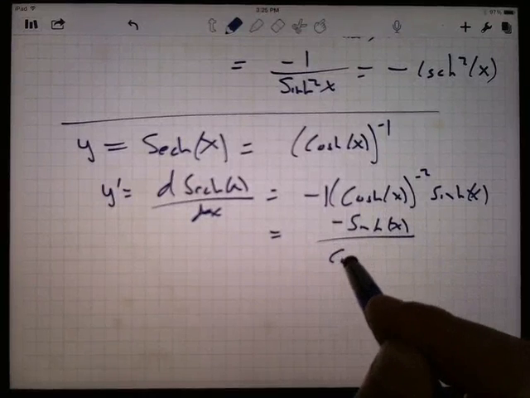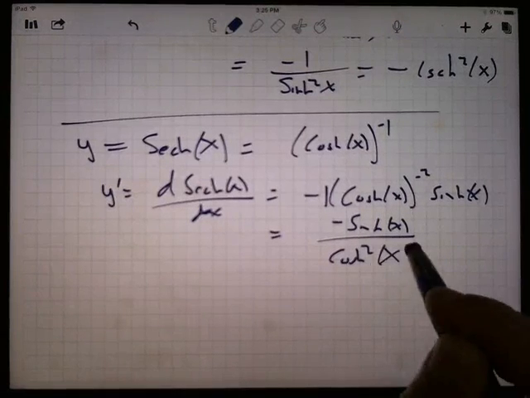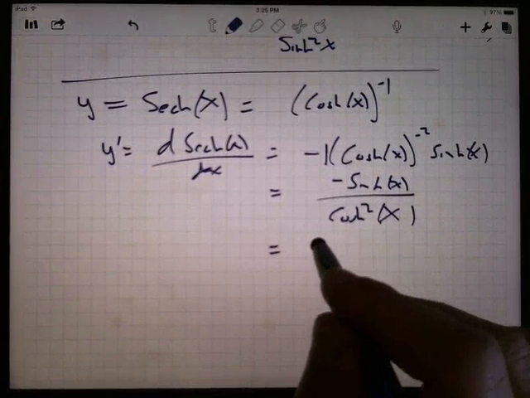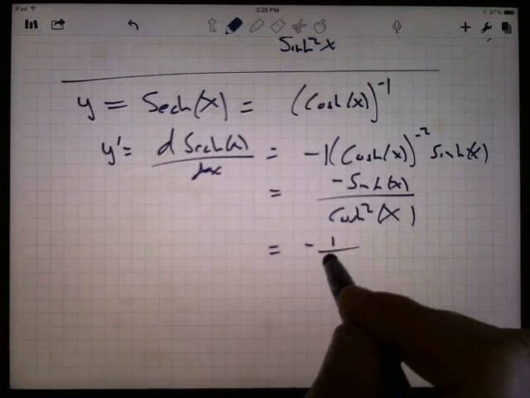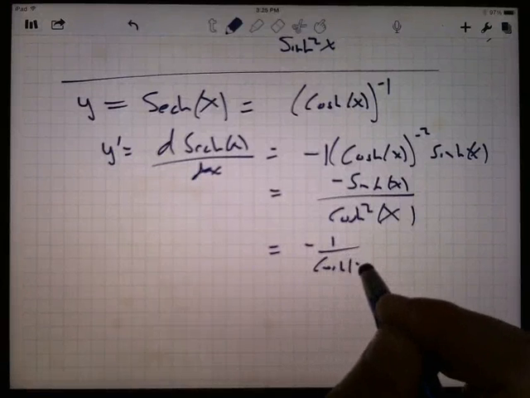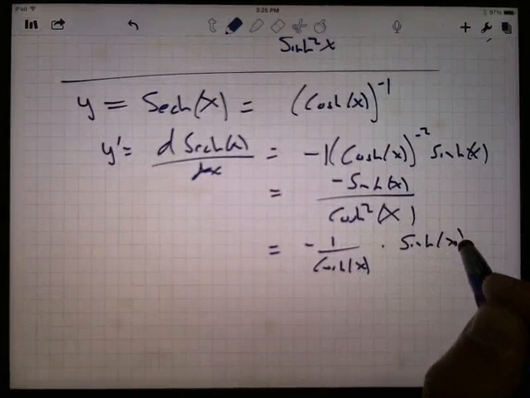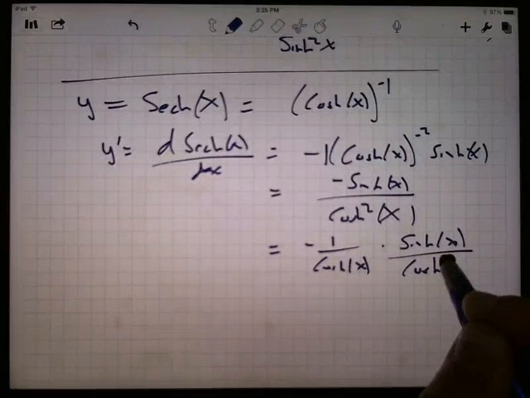divided by the hyperbolic cosine squared, which I could write as minus 1 over the hyperbolic cosine of x times hyperbolic sine x over the hyperbolic cosine of x.